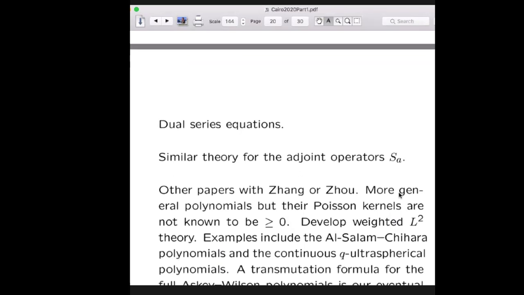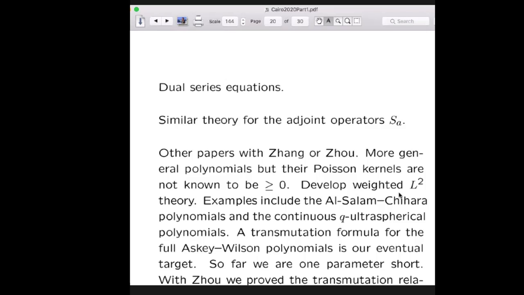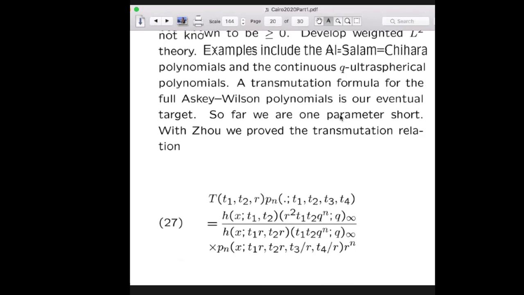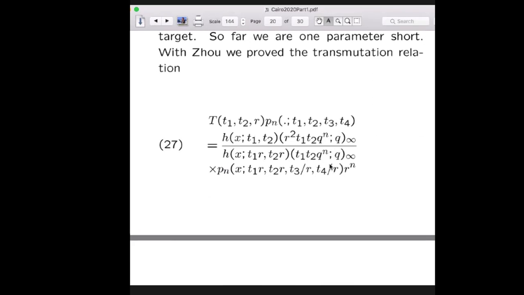And there is some other work going on. So in some work with Zhu, we played with the G, we chose a different G, and we got, for example, this kind of connection relation.